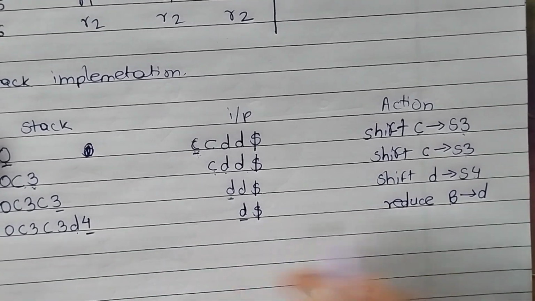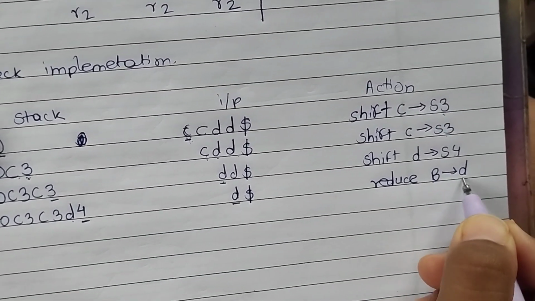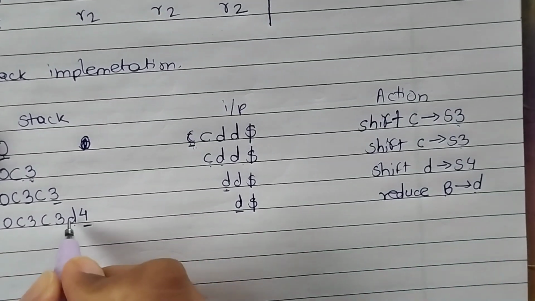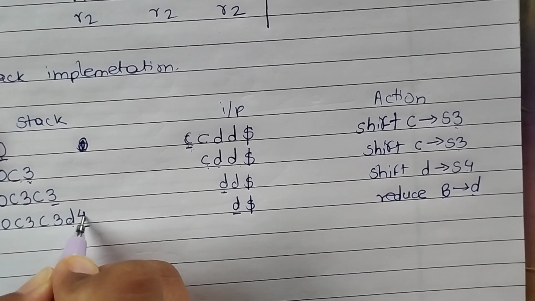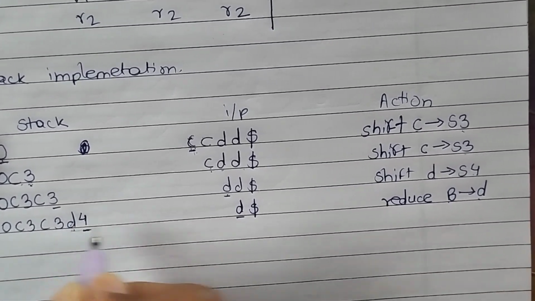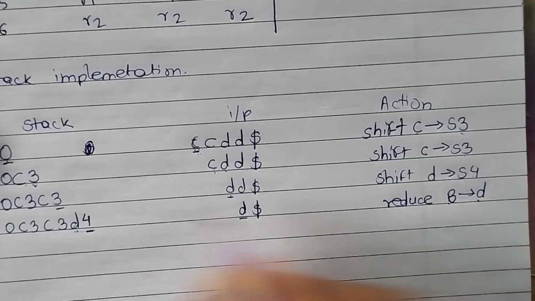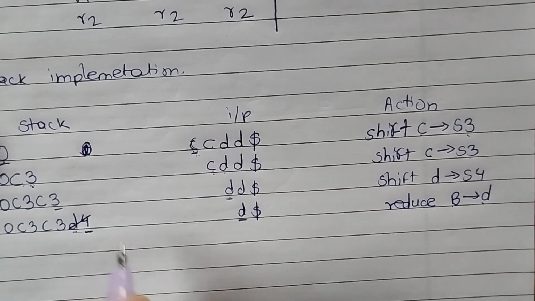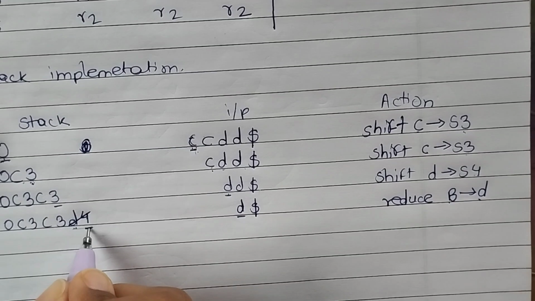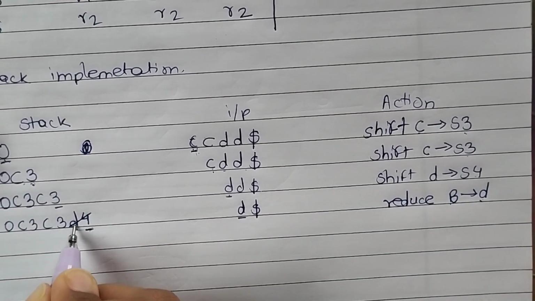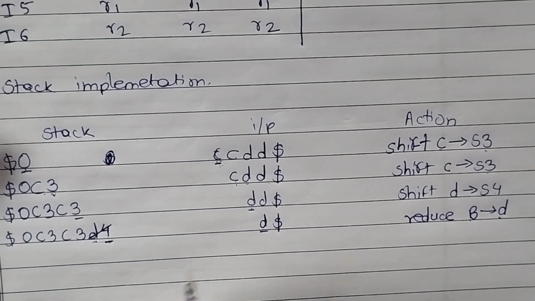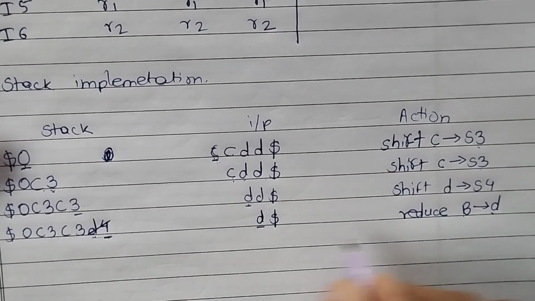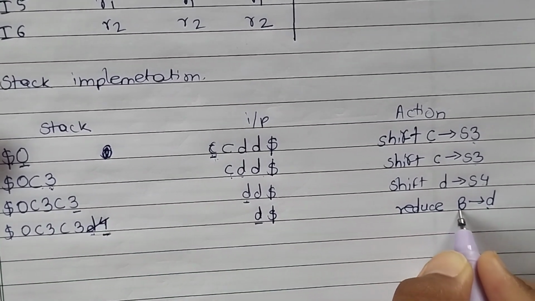When you reduce, for one variable we reduce one variable and one number. So we consider both as one. So we want to reduce one variable, like this, D and 4. This is one variable and number. And for what we reduce, B is reduced.